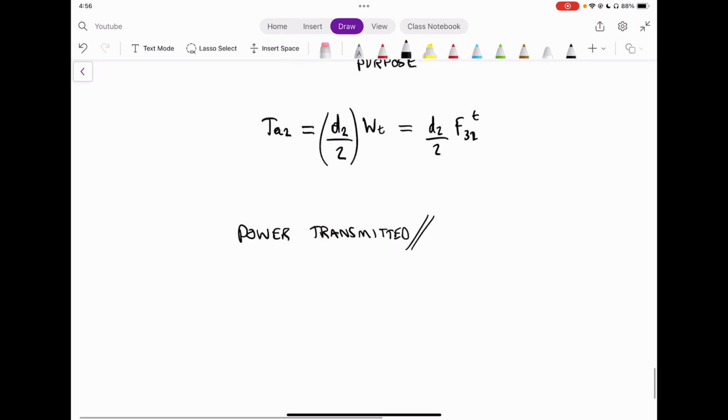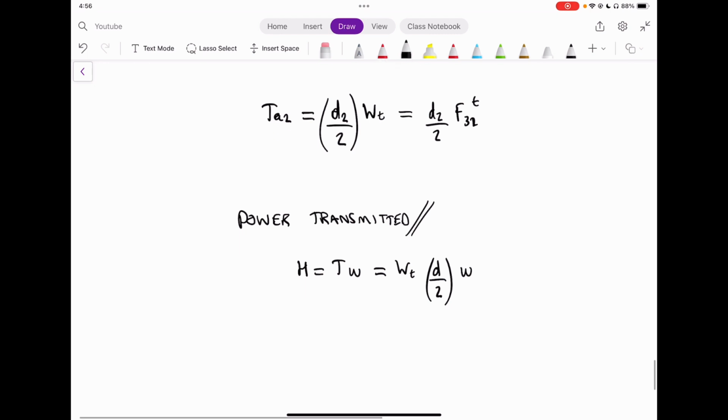And power transmitted is usually H is equal to T times omega, torque times omega, which we can rewrite as W sub T D over 2 in general, times omega.